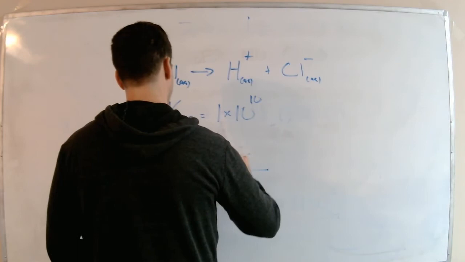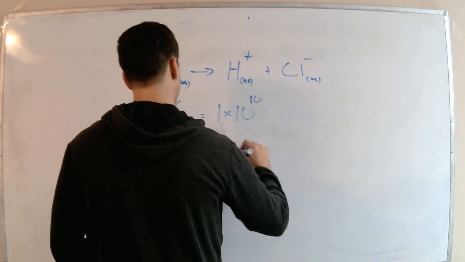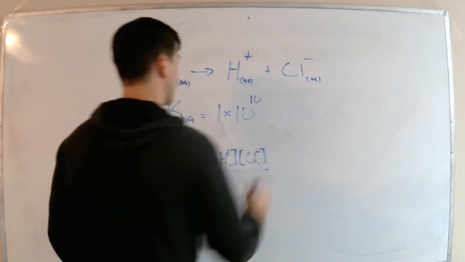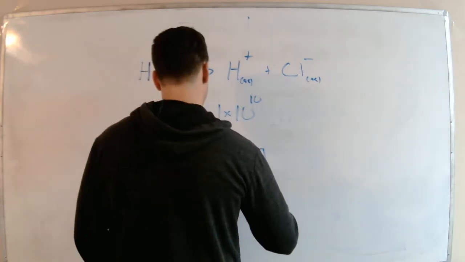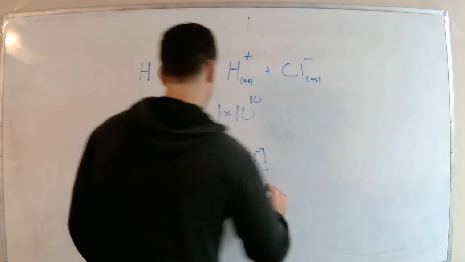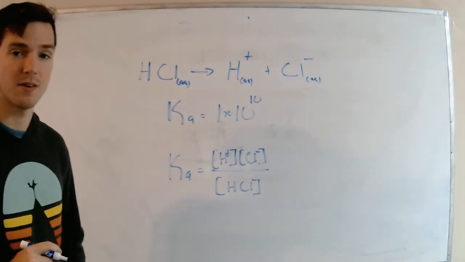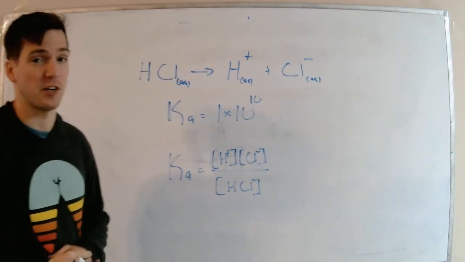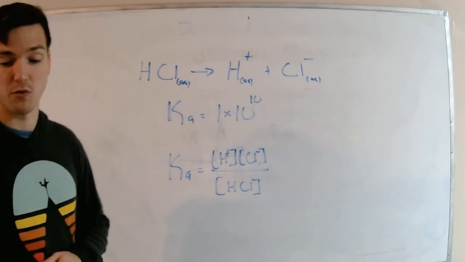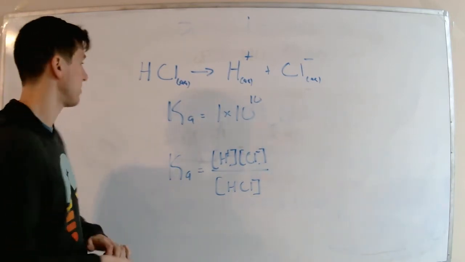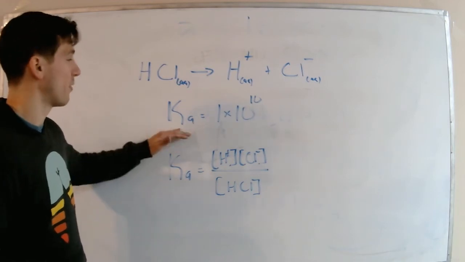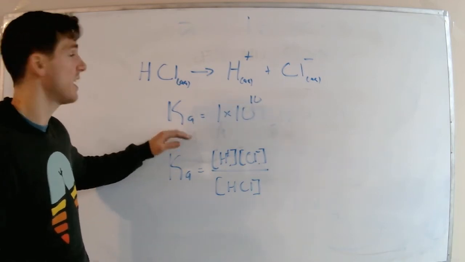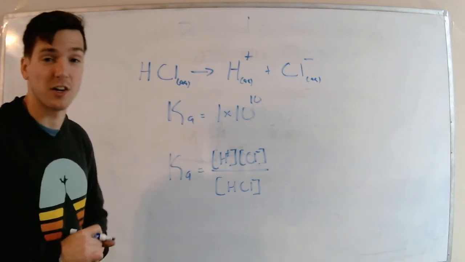Our concentration of H+ and Cl- over our concentration of HCl. Right? So just like in our equilibrium, a lot of this stuff carries over to acid base. Okay? So we are going to be writing a lot of these equilibrium expressions. Remember, the higher the Ka, the more it's going to dissociate, so the stronger the acid.